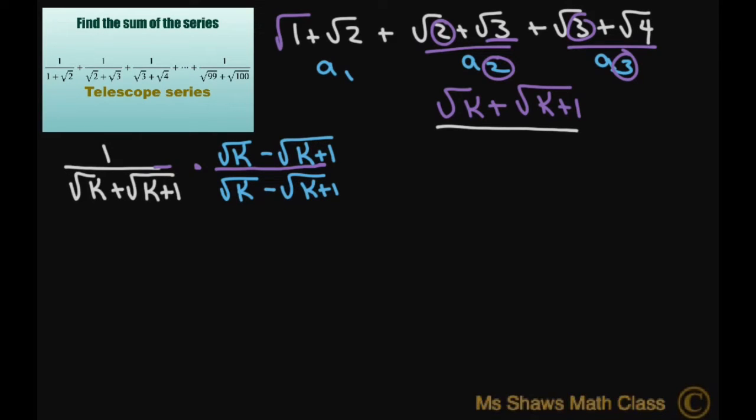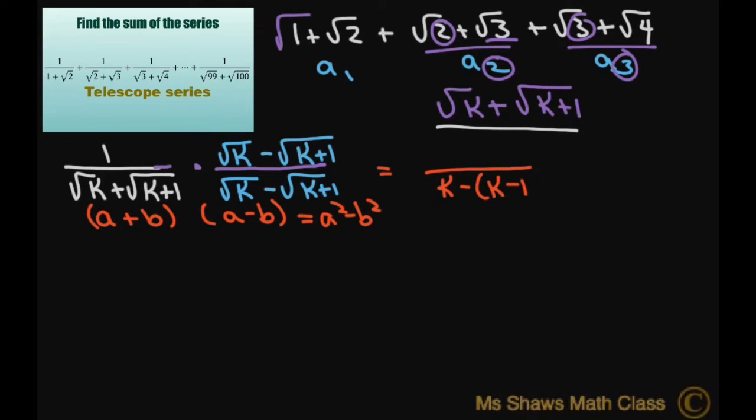Now, the denominator is like a plus b times a minus b. That gives you a squared minus b squared. So that's just going to equal, let's see, a is going to be k. Then you're going to have minus k minus 1. And the numerator is going to be square root of k minus square root of k plus 1.